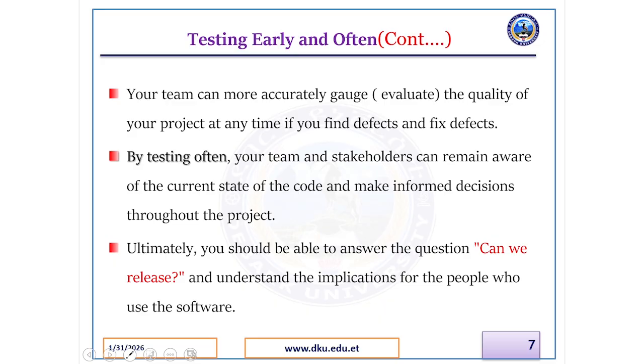By testing often, your team and stakeholders can remain aware of the current state of the code and make informed decisions throughout the project. Ultimately, you should be able to answer the question, can we release, and understand the implications for the people who use the software.